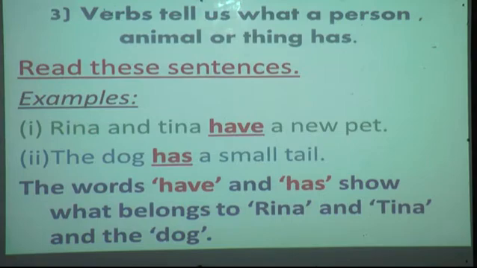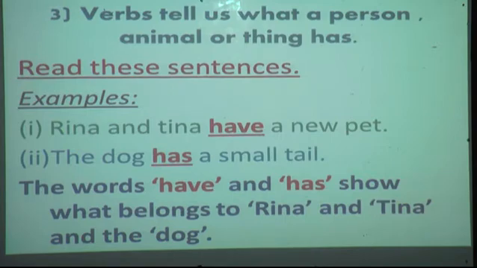Second, we can see the dog has a small tail. The tail also shows the possession of the dog. So this verb tells us what a person, animal or thing has. Understood, students, about the third thing?